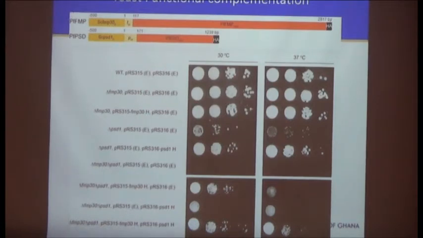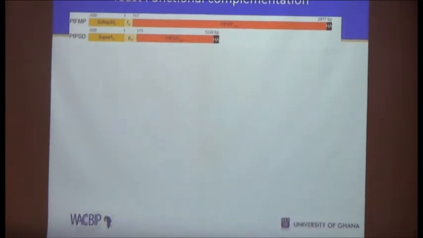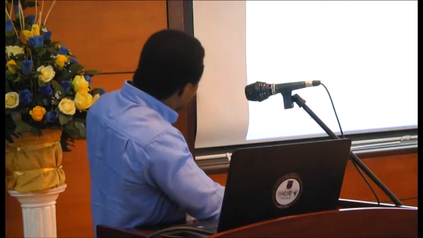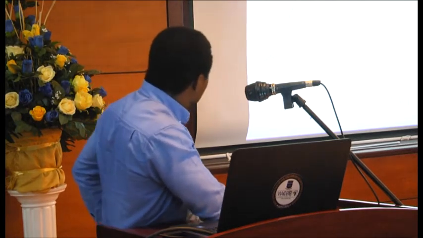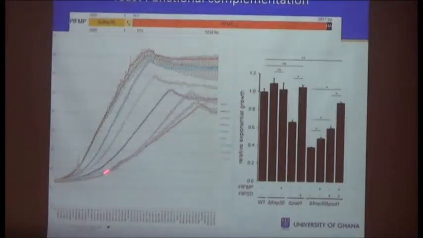So we further went on to do a growth assay for these isolates to see if really the function is that conserved. So with all the 10 constructs, in an assay where we measure the OD of the growth of the yeast, we could see that as you knock out the two, you see a strong decrease in the fitness of the yeast and its growth.